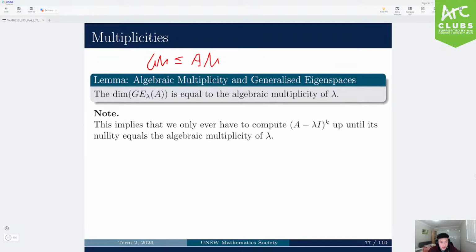But in this chapter, we can generalize the notion using generalized eigenspaces, which gets us the result that the dimension of the generalized eigenspace is exactly equal to the algebraic multiplicity. And this tells us that we only have to compute the nullity of (A - λI) to the k up until it's equal to the algebraic multiplicity. If we compute any powers further up, so k plus 1, that's just going to result in the same nullity, because of this theorem here.